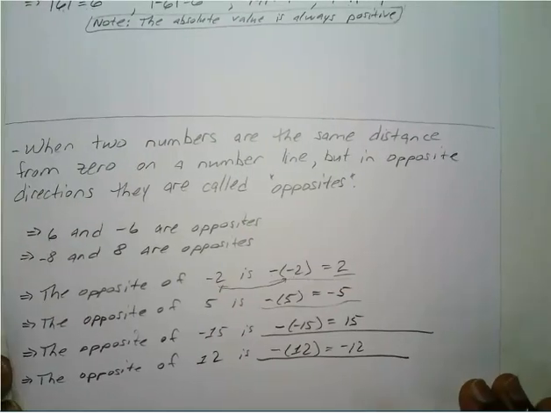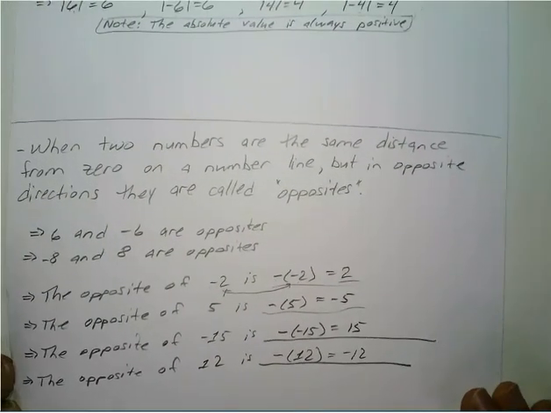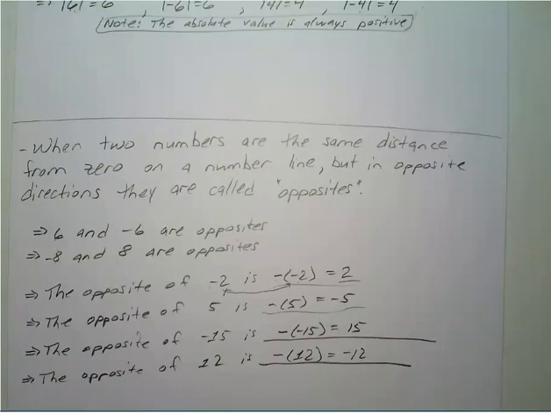Okay, so mainly I wanted you to see how the opposites could be written more than one way. Okay, it's not always just going to be positive and negative. Plus, this comes up in a later video when we're looking at adding and subtracting positive and negative numbers.